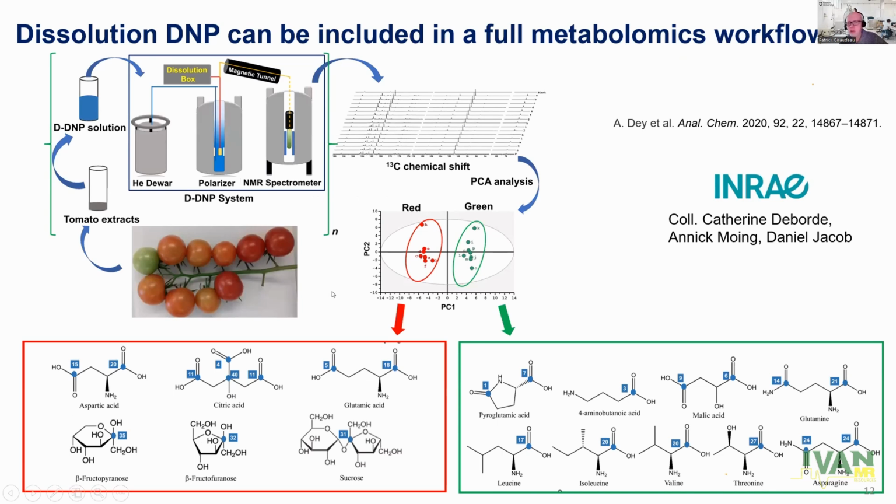We chose a very simple biological model where we discriminated tomato extracts at two different ripening stages, red and green. There were only two extracts here that were pooled and then aliquoted, so there was no biological challenge, but we just wanted to show that the precision and the robustness of the analytical setting was sufficient to be incorporated into a metabolomics workflow.